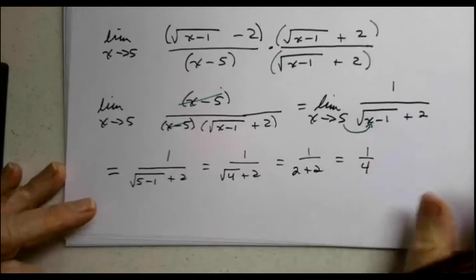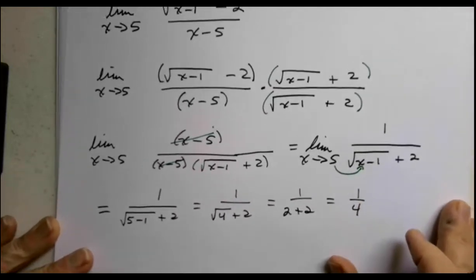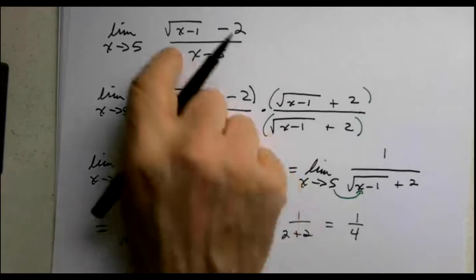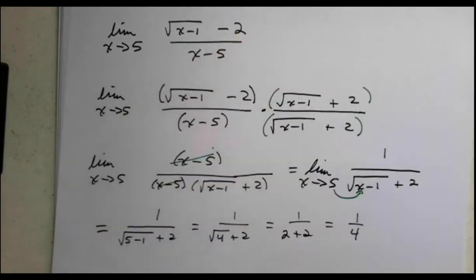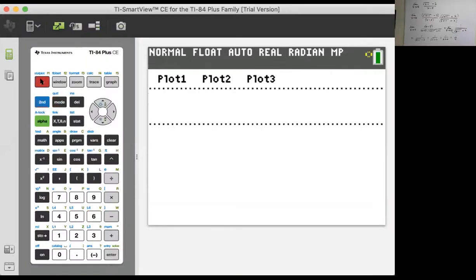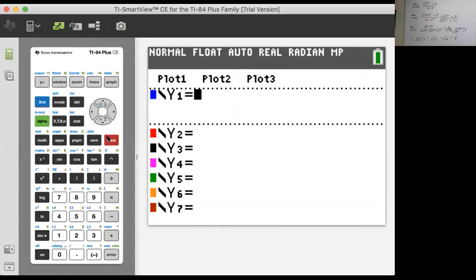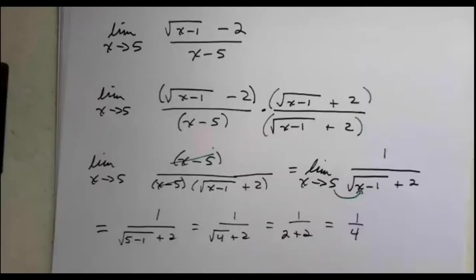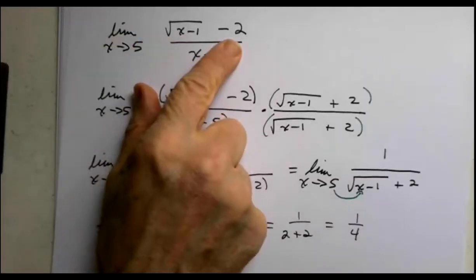And I like to check, so I'm going to go all the way back to my original, and I'm going to plug this into the graphing calculator and see if I get close to 5, do the y values get close to 1/4. So let's go back to the graphing calculator, clear out what we have there. Clear out what we have here. The numerator is supposed to be square root of x minus 1 minus 2.